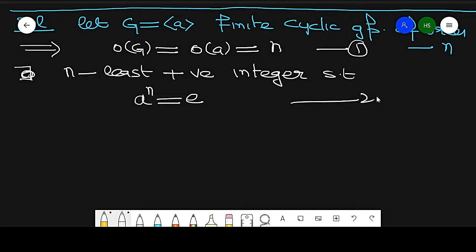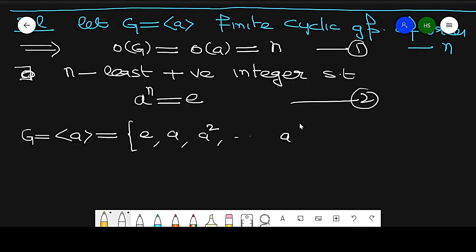So I am writing both properties here. Now what is G? G is generated by a, so it has elements of order n. So it has elements e, a, a square, and so on, a raised to power n minus 1.